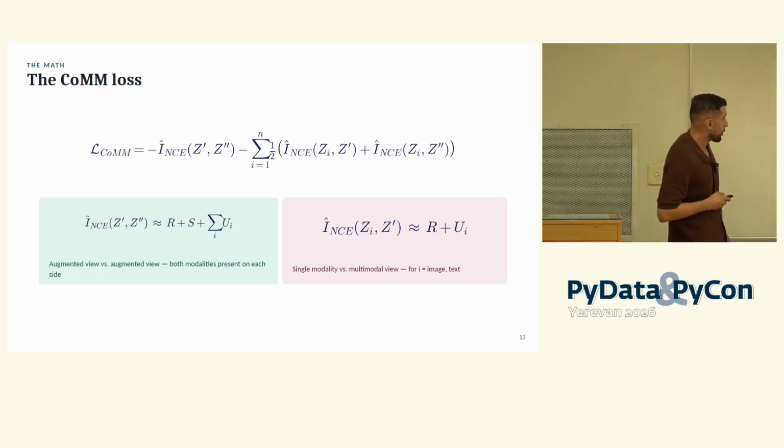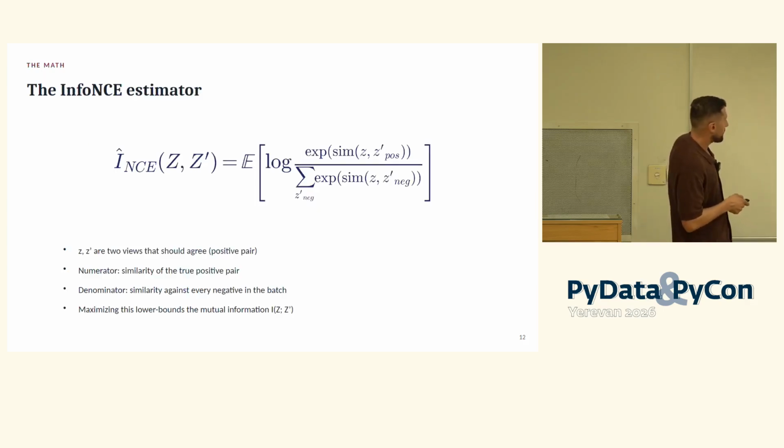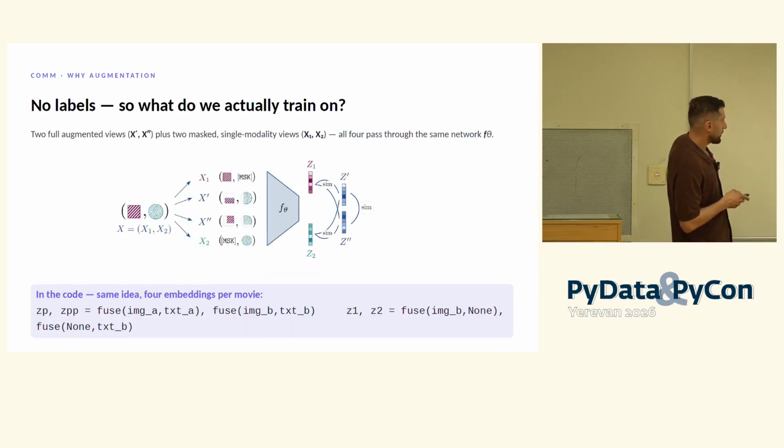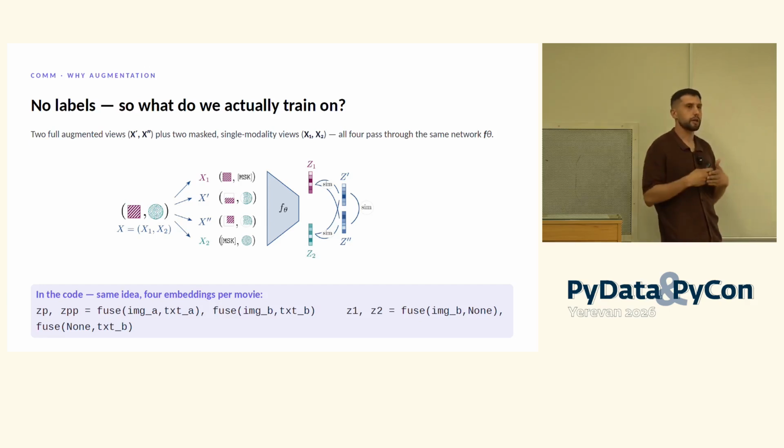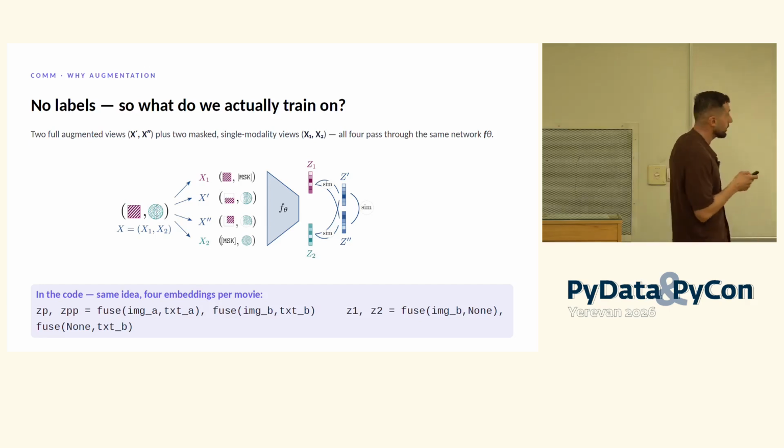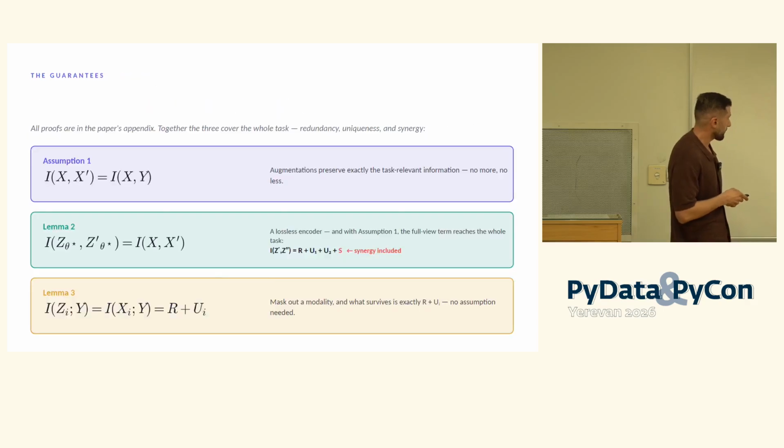So in the first component, we have full views against one another, and in the other component of the loss, we can capture shared information and uniqueness. Just for you to remember, Z1 is a representation of one modality where the other one is masked, and the primes are when they are concatenated and some augmentation strategy was applied.